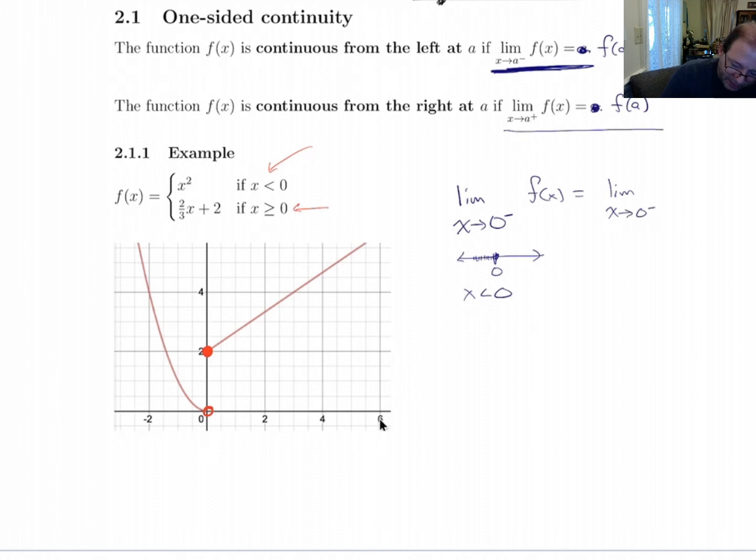So if x is less than 0, that means that we're using this top guy. So this is 0. And that makes good sense on the graph. If we approach 0 from the left, that's approaching from over here, that's along the x squared.